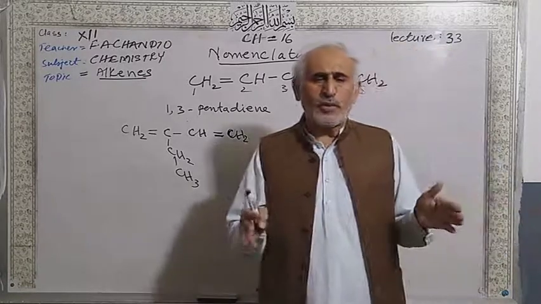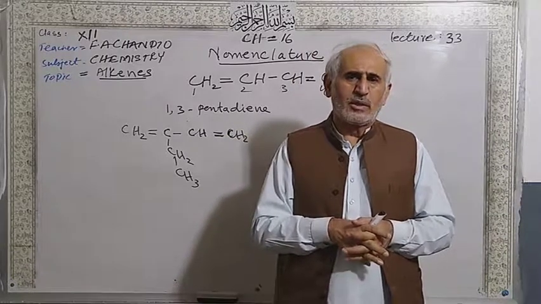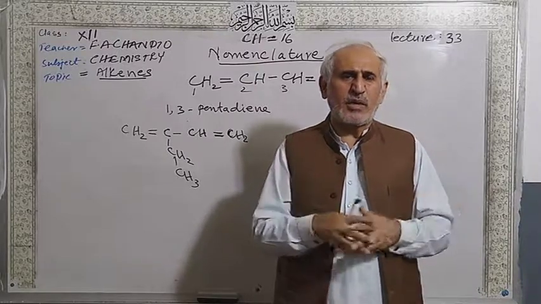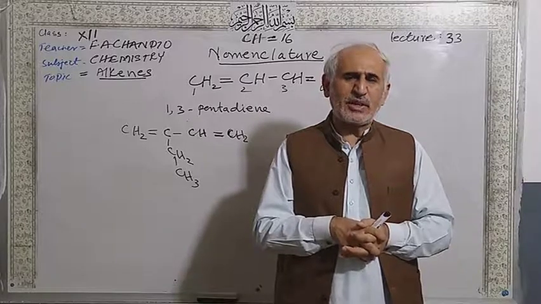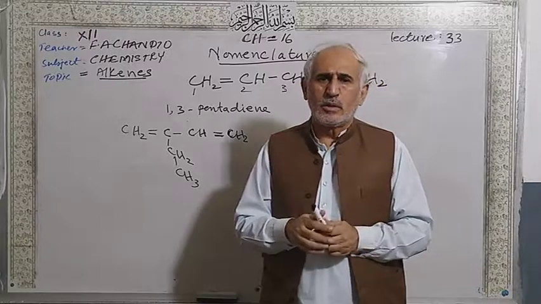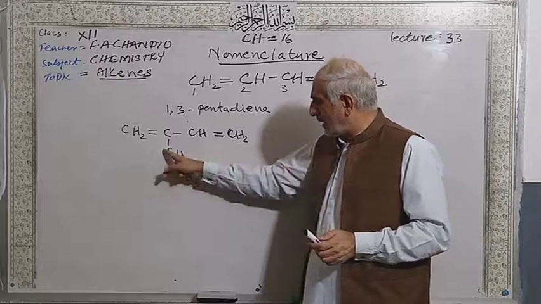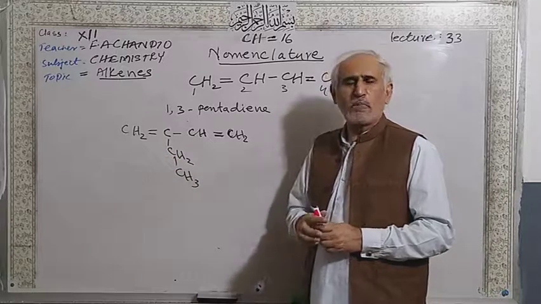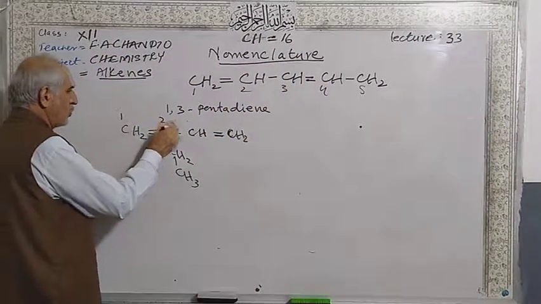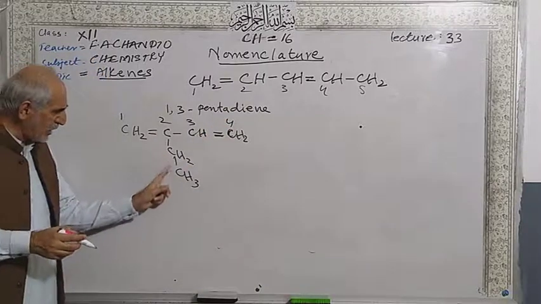The very important rule for alkene and alkyne is you have to select the longest carbon chain which must contain the double covalent bond. If there are two, the chain must contain both. That's why this will not be included in the longest chain. That's why 1, 2, 3 and 4, because this branch is nearer.